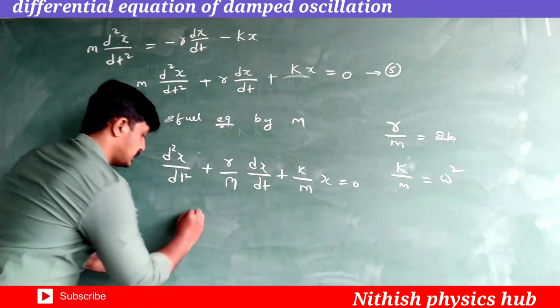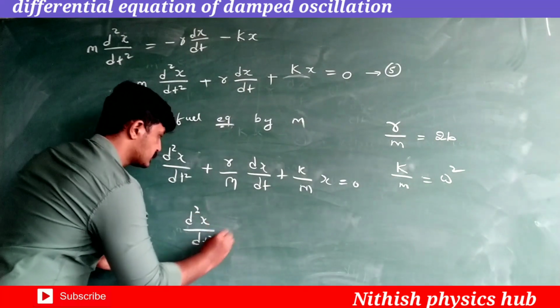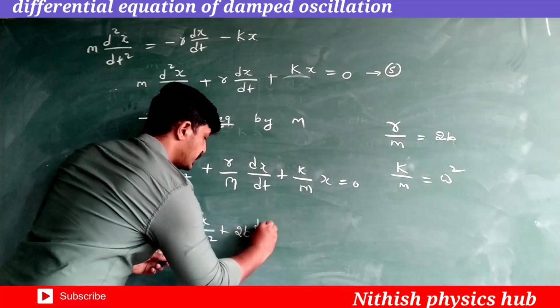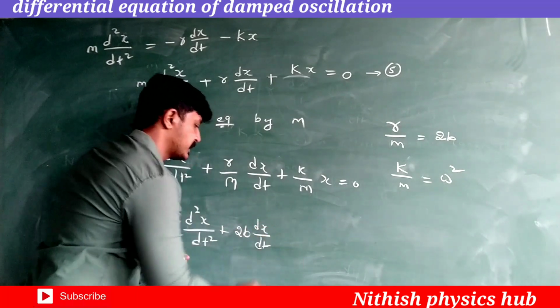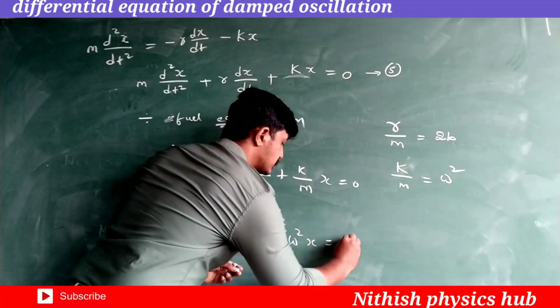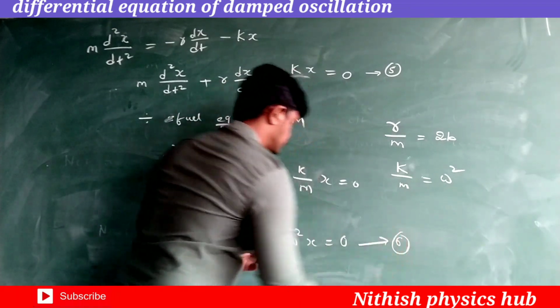So applying this here, d square x by dt square plus 2b dx by dt plus omega square into x is equal to 0. Write it as equation number 6.